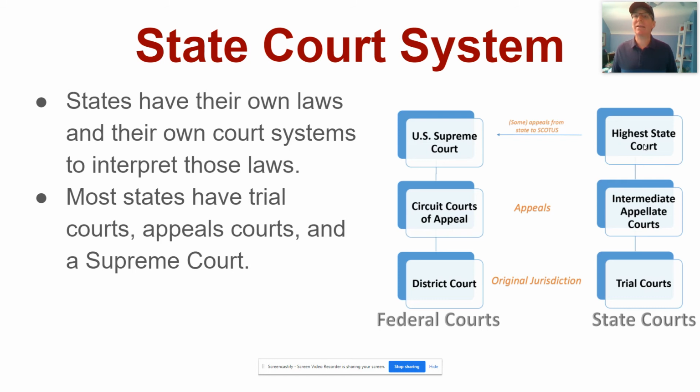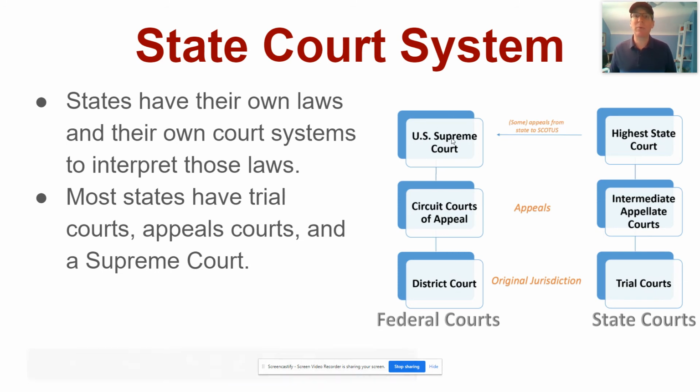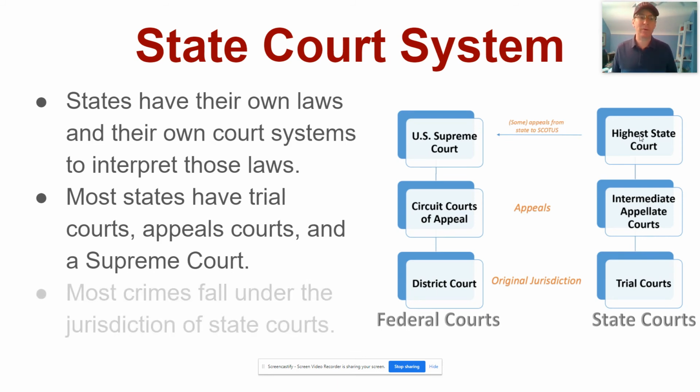Before you go to the highest state court, usually called the state Supreme Court. This follows under a similar structure to federal courts, but of course the Supreme Court of the United States is over any state court. So state court decisions can be appealed to the United States Supreme Court.